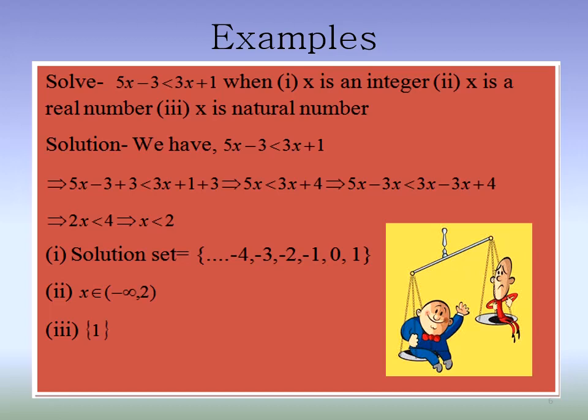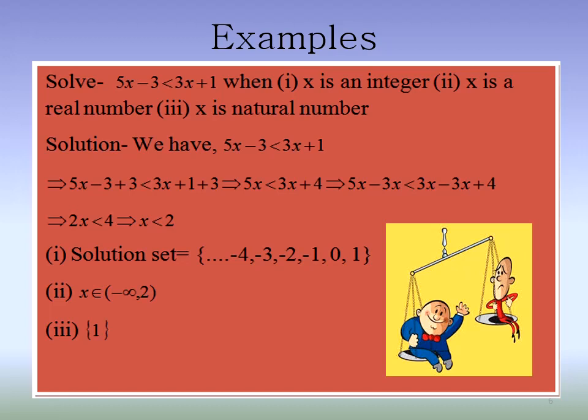So we get 5x is less than 3x plus 4. Now if I want to eliminate 3x from the right side, we need to subtract 3x on both sides of the inequality. So we get the result 2x is less than 4. Now if I divide this inequality by 2 on both sides, we get x is less than 2.